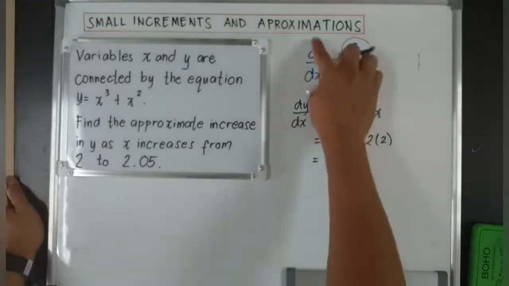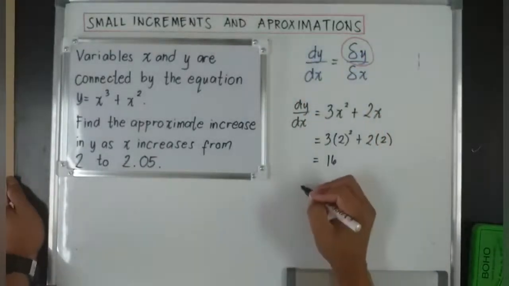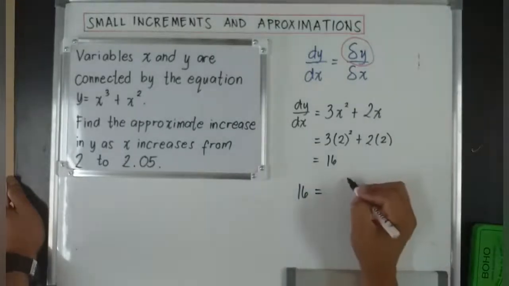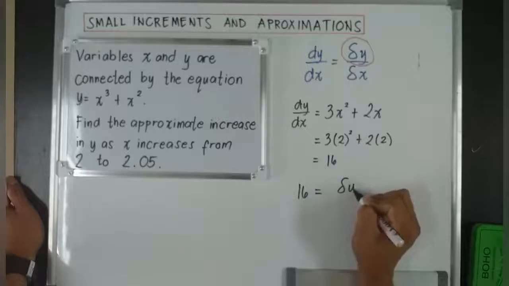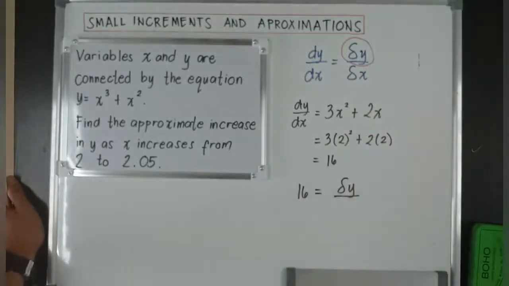So the value of dy over dx now is 16. So 16 is equal now to the small increment in y, which is missing, over the small increment of x.